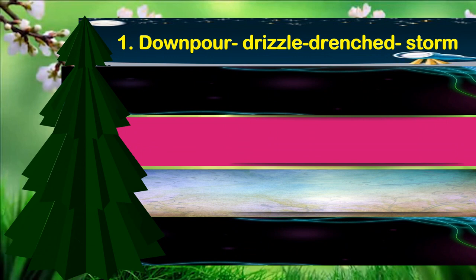And how many of you know the word drenched? If you are caught in the rain, some people say I got wet or something like that, but the exact word for that is, you can say I got drenched by rain. Yes. And storm, and these are the words you can use with downpour.